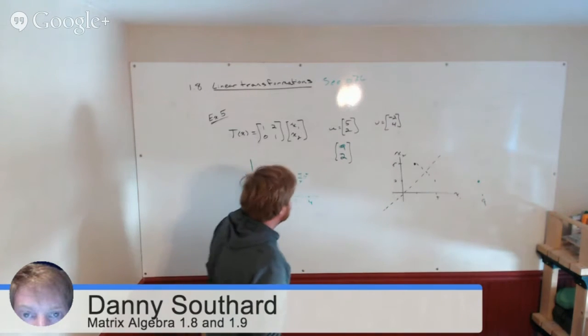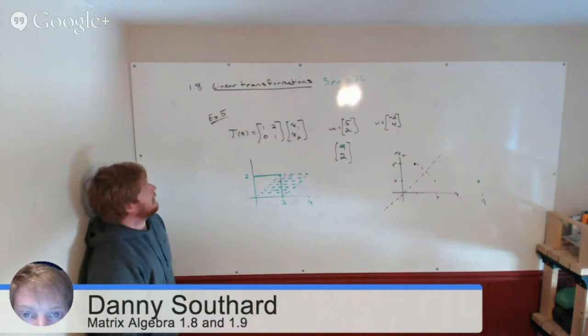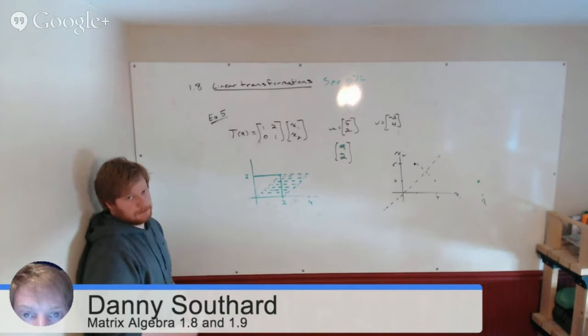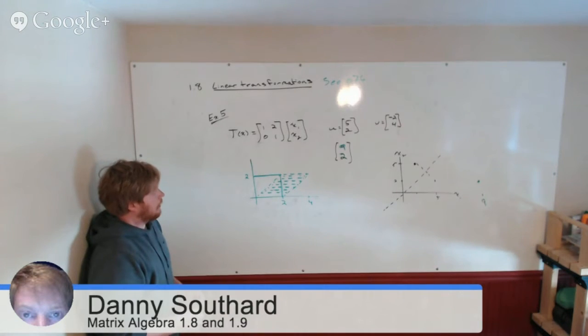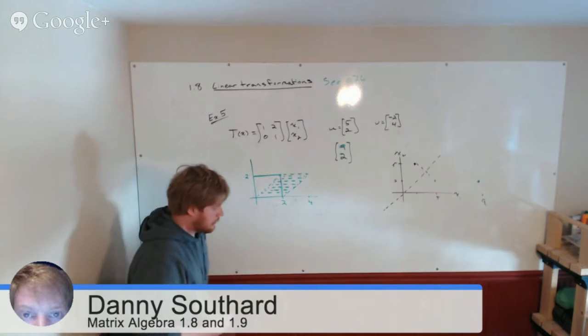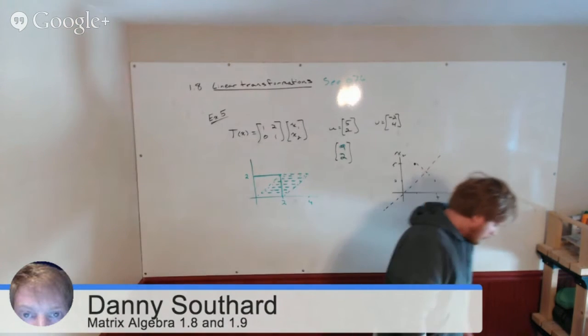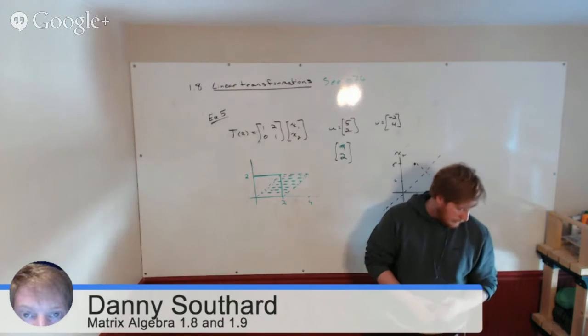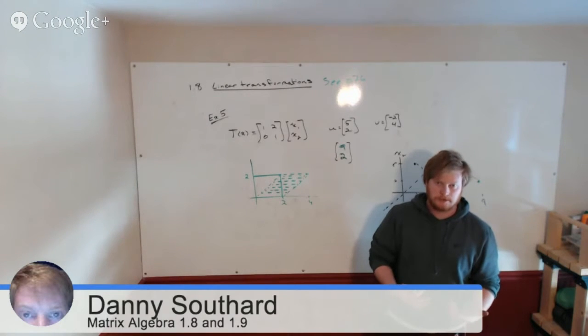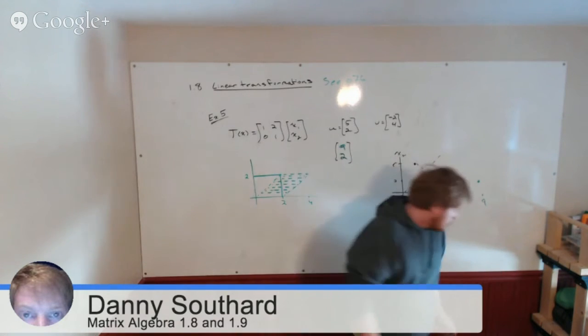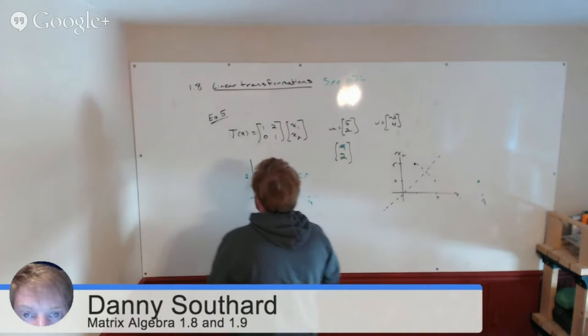All right. Okay, so a linear transformation is a matrix transformation where addition and scalar multiplication are preserved.